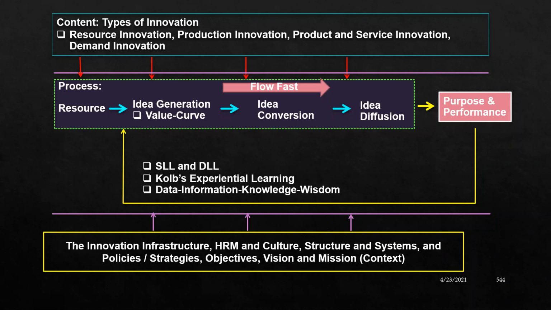Are you going to innovate on product and services? Are you going to innovate on the production side? Are you going to innovate on the resource side? Or are you going to innovate on the demand side? All these innovation streams, and the typological situation, will then provide the direction to guide the process of these streams of innovation.